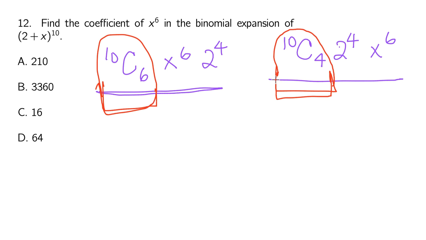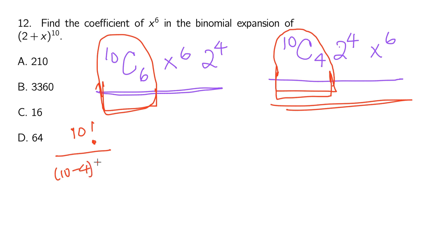So we now have to evaluate whether this one or this one. Let's choose one of them. So let's choose this one and evaluate it. What is 10 choose 4? 10 choose 4 is 10 factorial over 10 minus 4 factorial times 4 factorial. And what does that give us?